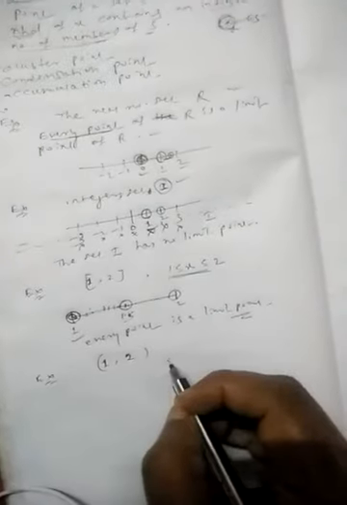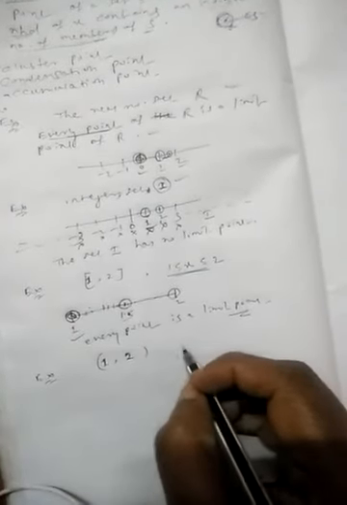So another example, suppose we consider the open interval of 1 and 2. What does it mean? Open interval means 1 less than x less than 2. That means all the real numbers in between 1 and 2.